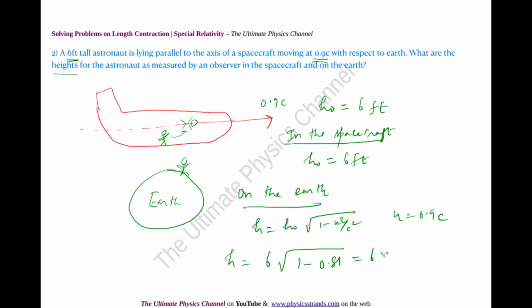That is 6 times square root of 0.19, isn't it? So the height would be, if you do the numbers, 6 times 0.436. That would be about 2.62 feet. So that is the height of the astronaut as measured by an Earth-based observer.